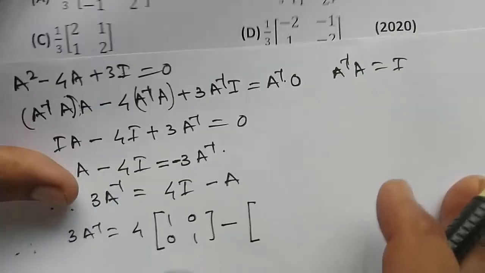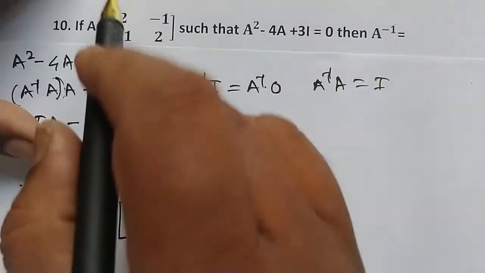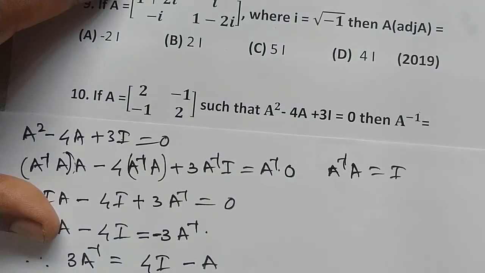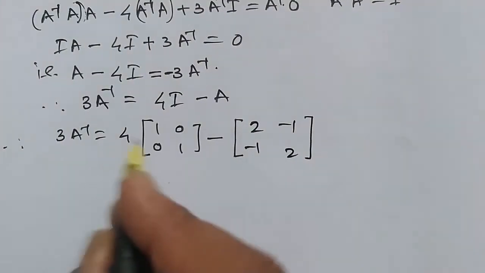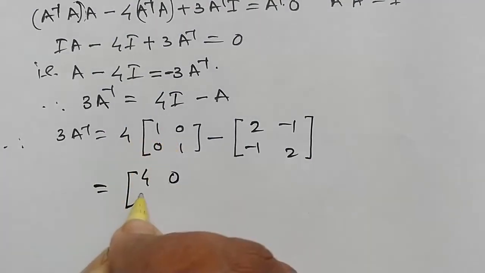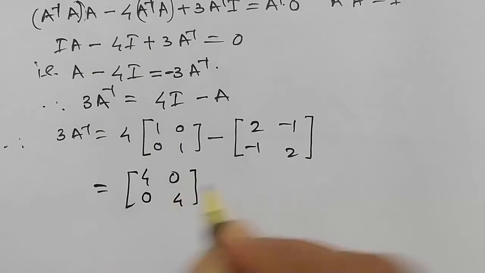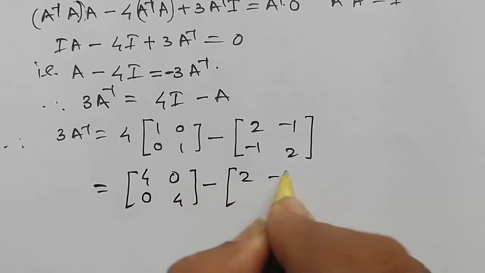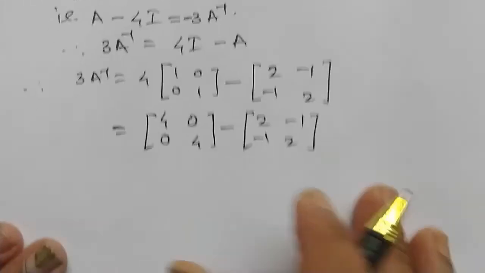A is the given matrix [2 -1; -1 2]. Therefore it is equal to 4[1 0; 0 1] minus [2 -1; -1 2]. Multiplying 4 inside the matrix, [4 0; 0 4] minus [2 -1; -1 2].